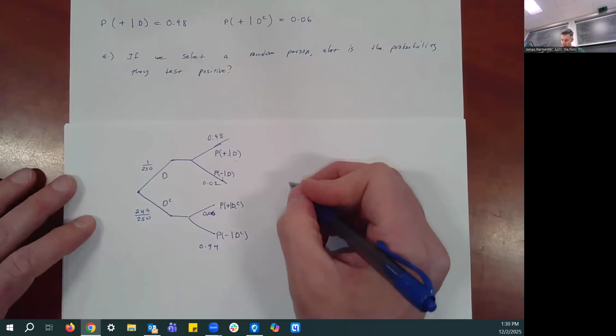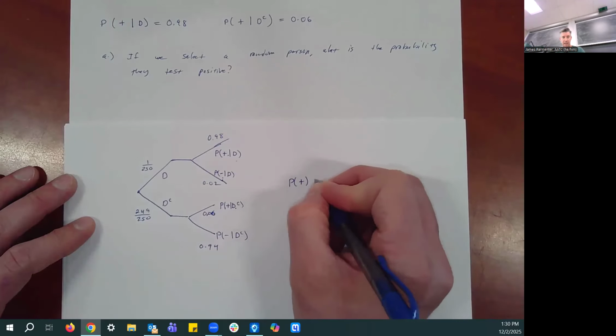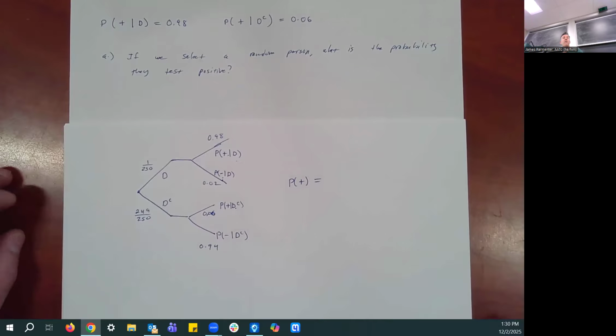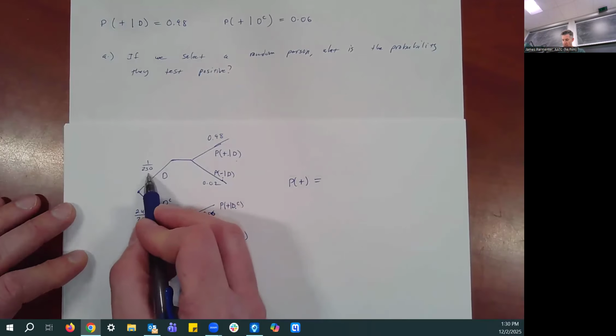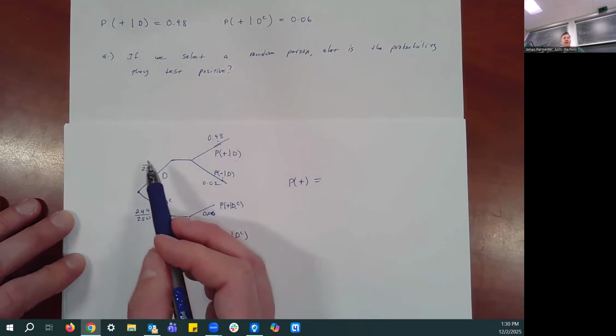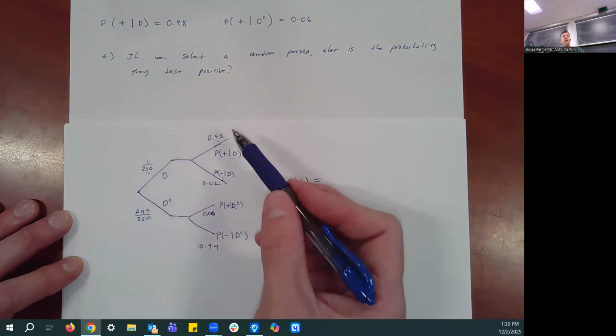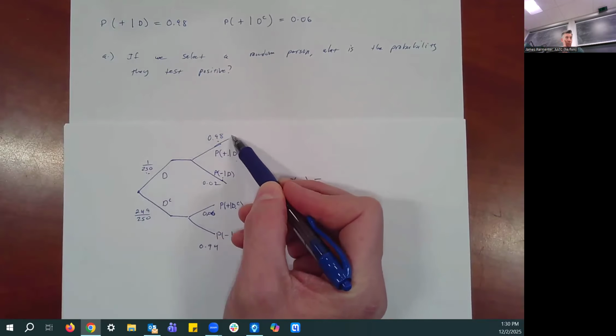And then the probability of a positive test is all of the pathways that get us to a positive test, meaning this times this, right? Having the disease and having a positive test. So we multiply.